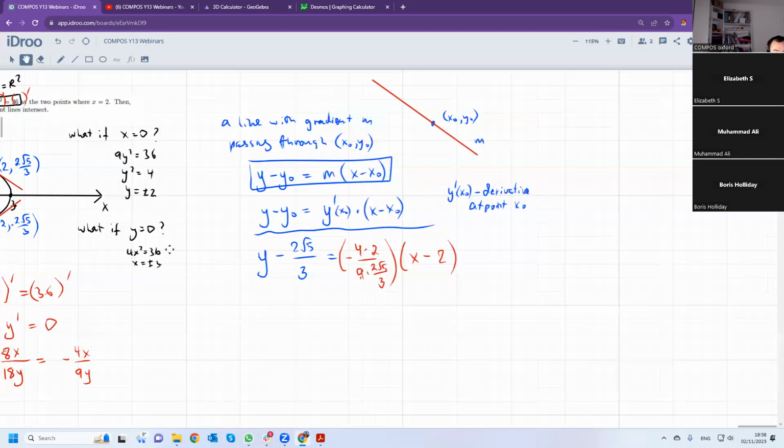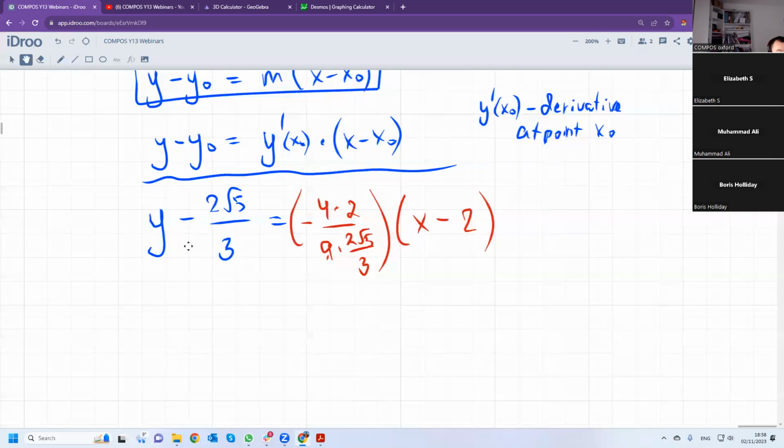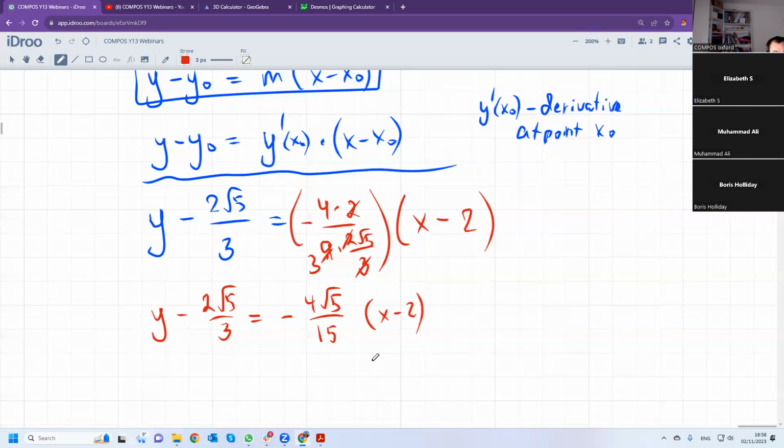Then you simplify this equation. It's going to be y minus 2 square root of 5 over 3 equals, that's 8, so 2 cancels, 3 cancels, square root of 5. So it's going to be minus 4 square root of 5 divided by 15 multiplied by x minus 2.